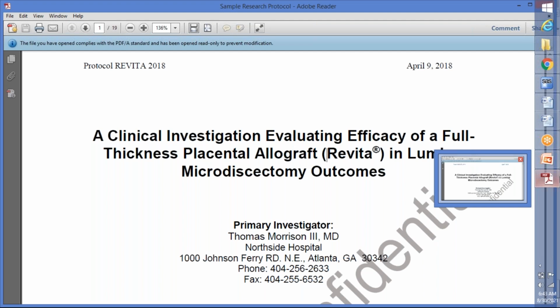Lumbar means lower back. Microdiscectomy means surgery. Why are we going for surgery? When there is a herniated disc, bulged disc. In the surgery, what do they do? They will remove that herniated portion. While removing, you may face two problems in the traditional surgeries.